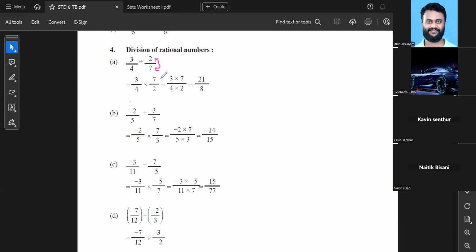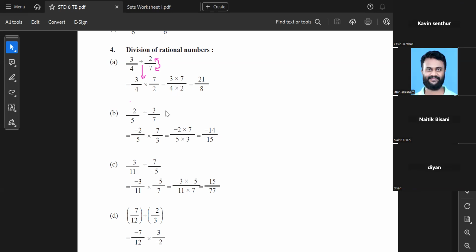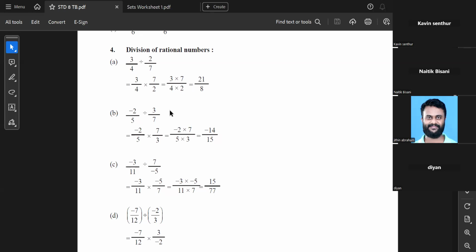Numerator and denominator को उल्टा कर दोगे. So 2 by 7 becomes 7 by 2 with the division sign converted into a multiplication sign, and then you simply treat it as a multiplication problem. सबके लिए वही करना है. Yes, Kevin, tell me.